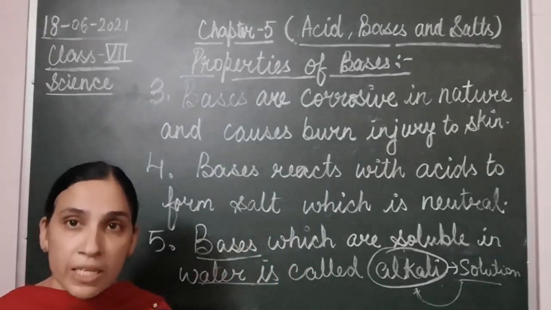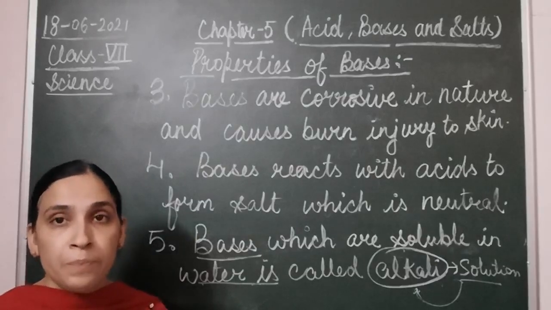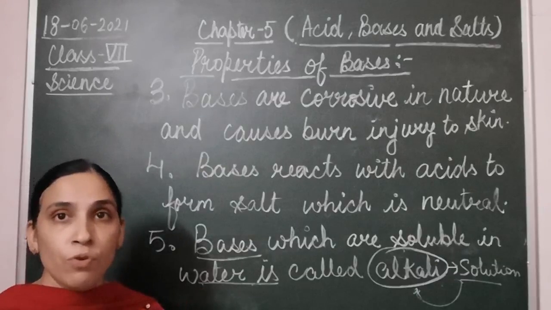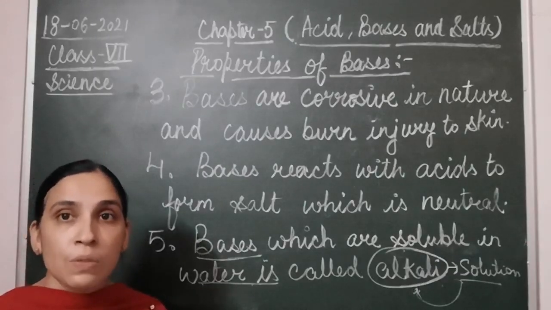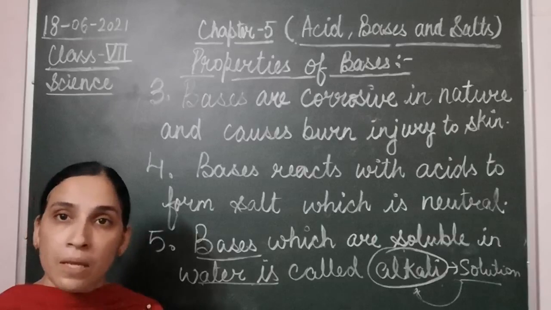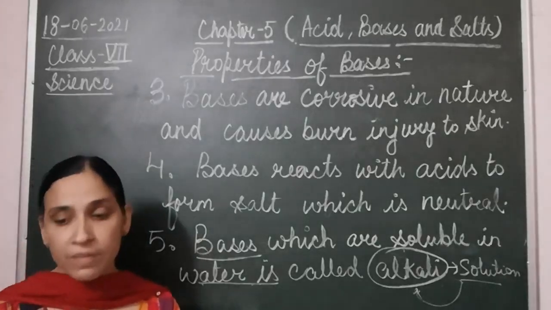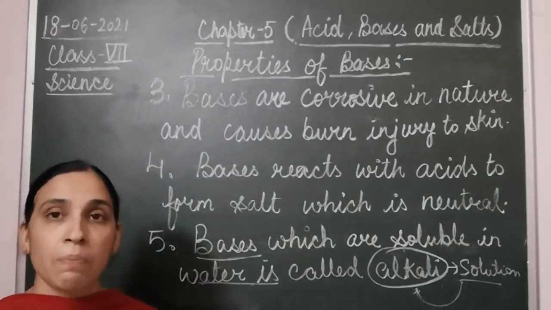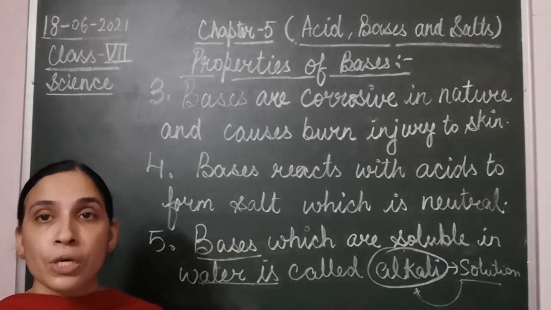So these are some of the properties of bases. Let's revise what a base is and the properties of bases. Very important. Then we'll come to uses. First of all, we have done base. A base is the substance which is bitter in taste and produces a soapy feeling. Then the properties of base. Bases are bitter in taste and have a soapy feeling when touched.